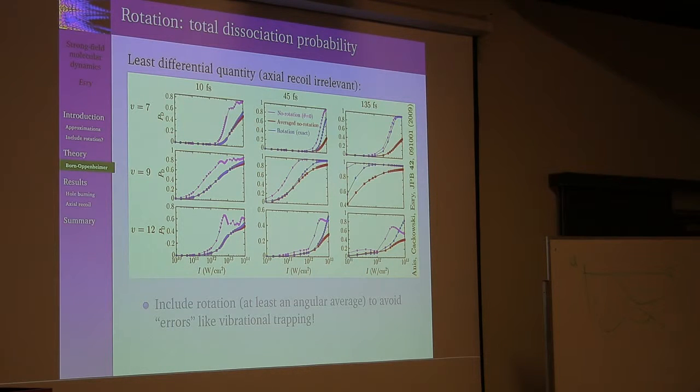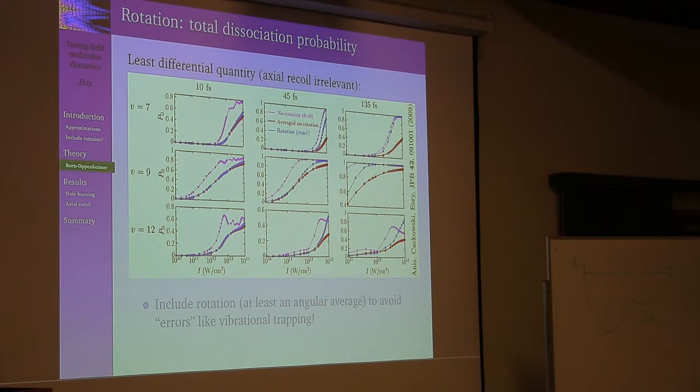That's the exact one. If you just fix the molecular axis to be exactly along the laser polarization and don't let it rotate, which is what most people do when they do calculations on H2+, that's this magenta one, the triangles up here.